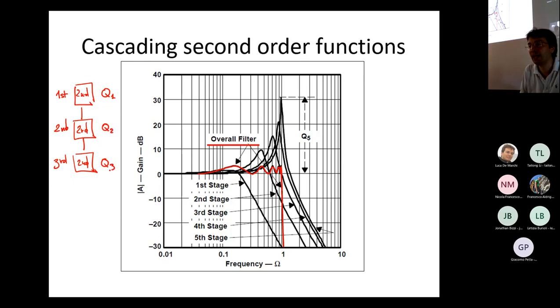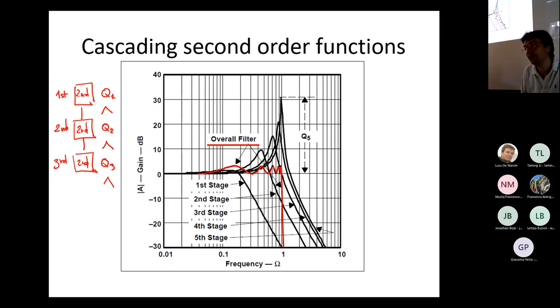Well, we select the order so that the Q factor of the first stage is less than the Q factor of the second stage, which is also less than the Q factor of the third stage, etc. Okay?